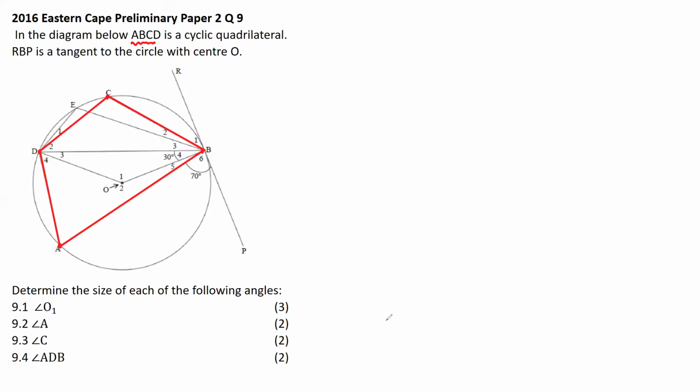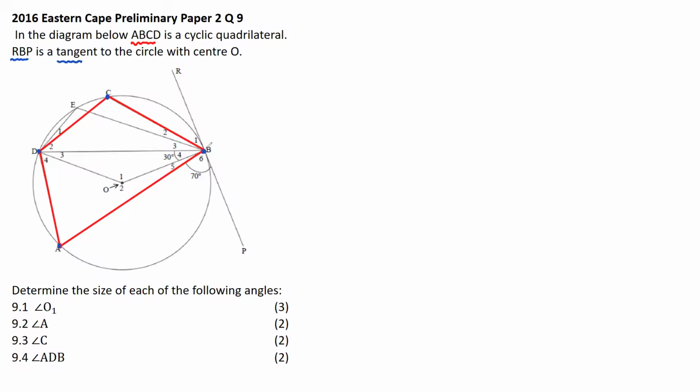So keep that in mind. The points of a cyclic quad are all on the circumference. C on the circumference, B on the circumference, A on the circumference, D on the circumference. RPB, the question goes on, is a tangent.